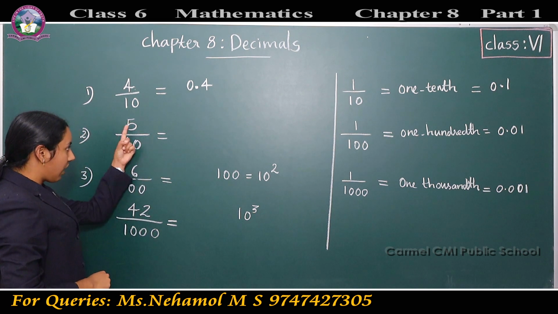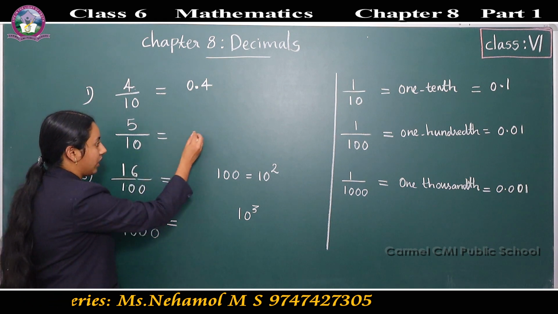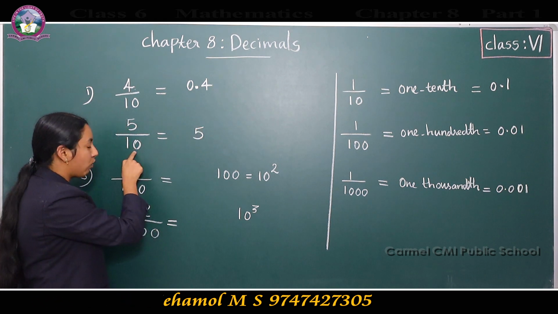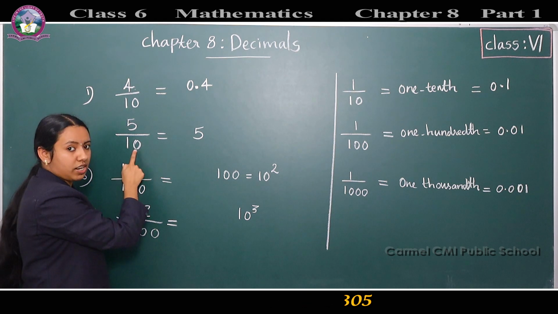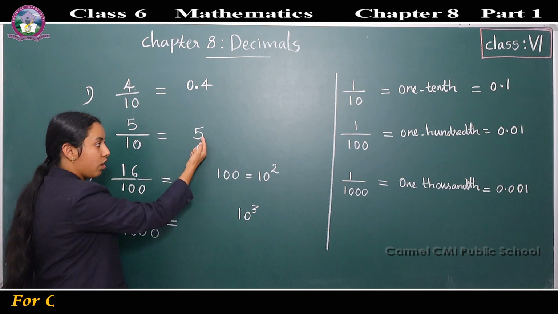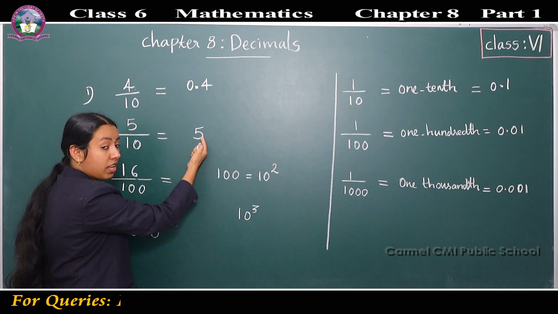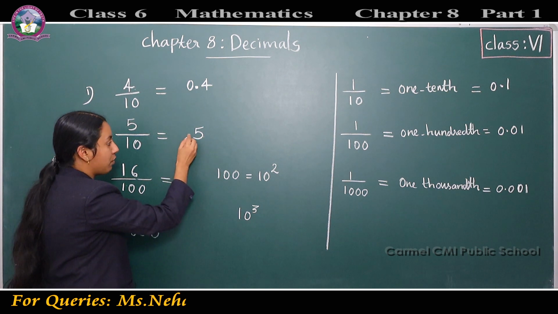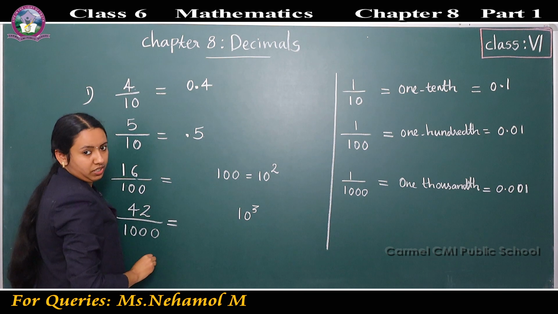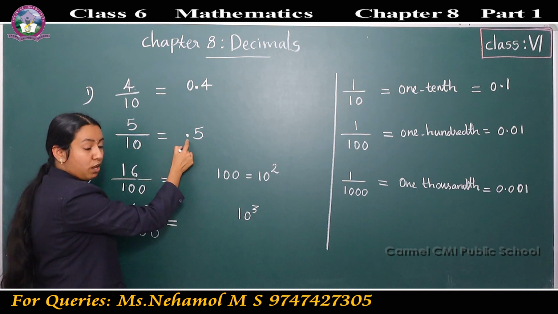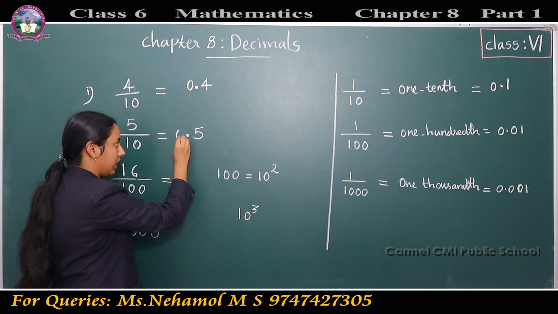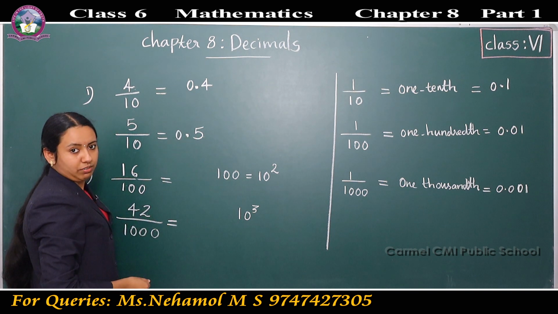Then what about the next one, 5 by 10? To convert this fraction to a decimal, first write the numerator itself. Count the number of zeros in the denominator. How many zeros are there? Only one zero. So count one place from the last digit to the left and put a decimal point. This is the corresponding decimal number: 0.5.